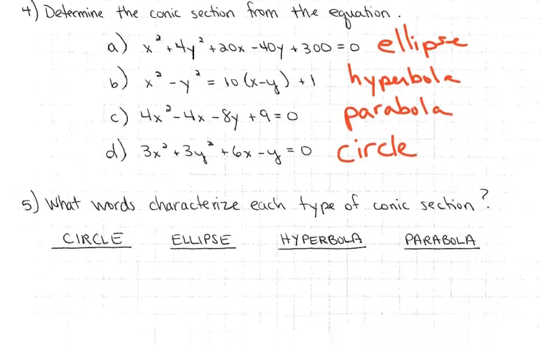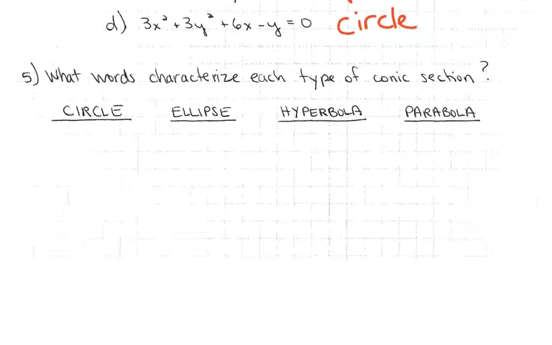In number 5, what words characterize each type of conic section? So there's some specific words that we use for each type of conic section that we would find if we're given an equation and we graph it. The main words that characterize a circle are the center and the radius, because those are the only two things you need to know in order to write the equation or to graph it.